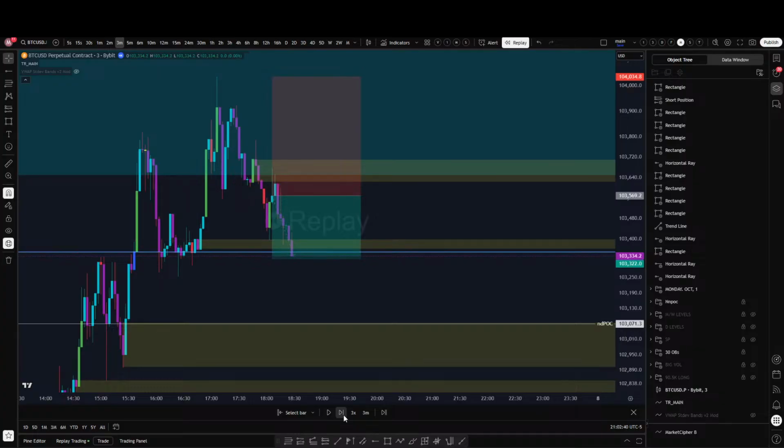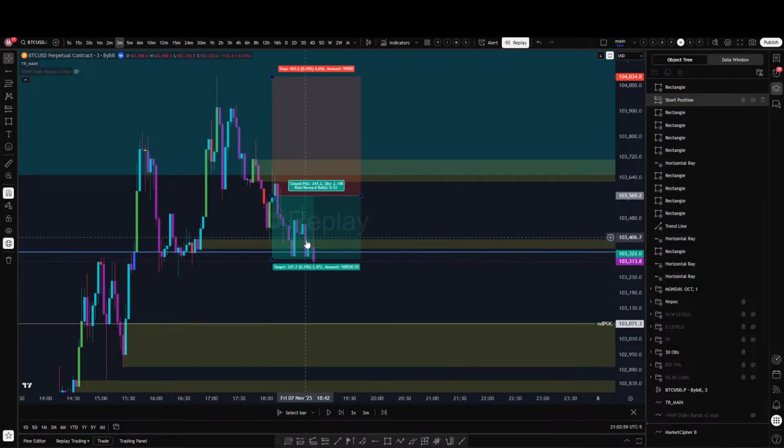We're close to TP1, guys. Wow, we just front ran TP1. Let's see what's gonna happen. Beautiful. TP1, front run it again. Woo, take TP1. You just need patience.